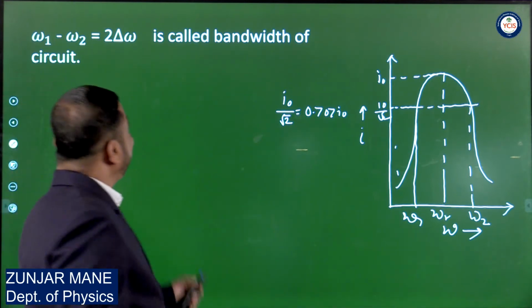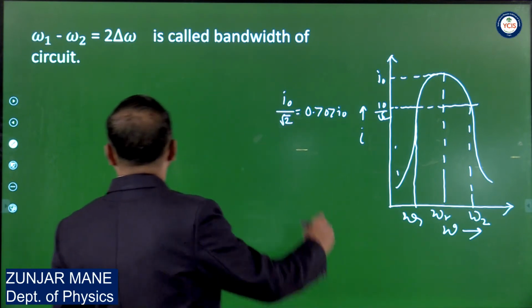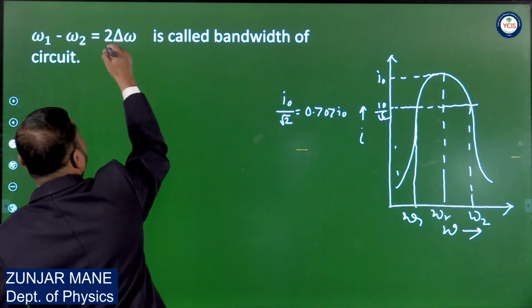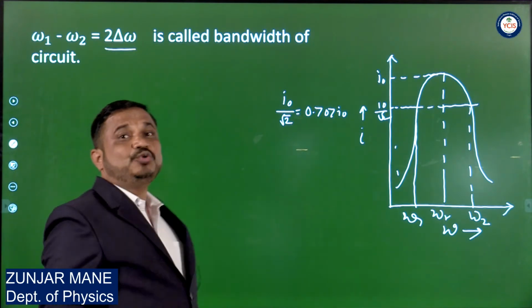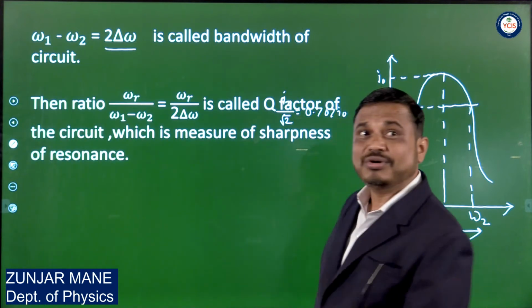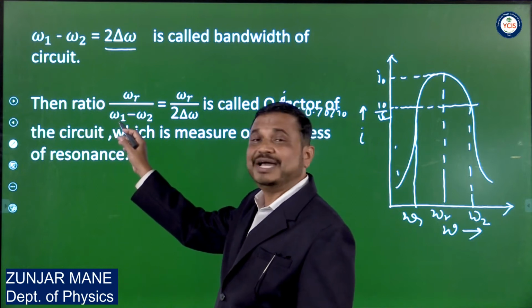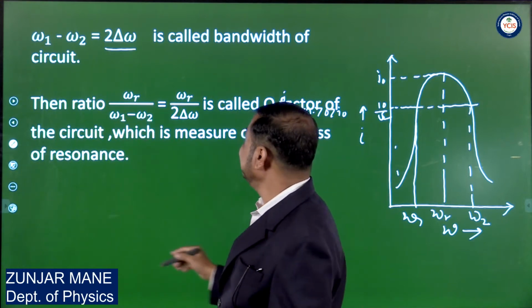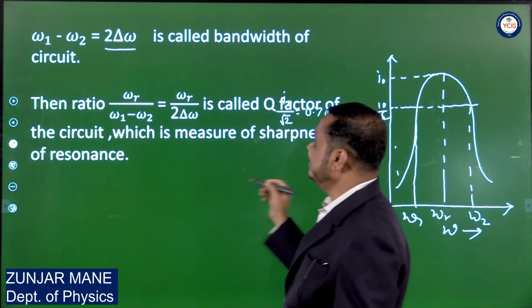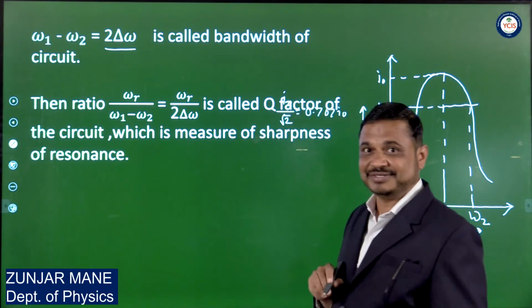If we take the difference omega 2 minus omega 1, that is called the bandwidth, and it is given by 2 delta omega. Then the ratio of omega_r divided by omega 2 minus omega 1 is a measure of sharpness of resonance.